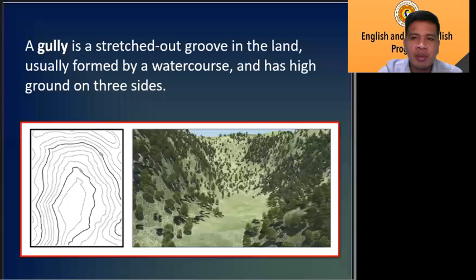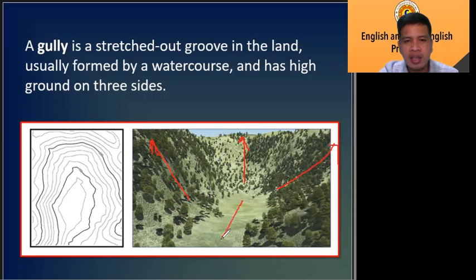Similar to that, we have here a gully. A gully is a stretched out groove in the land, for example this one here, usually formed by a water course and has high ground on three sides. So there's high ground on this side, here, and also here.